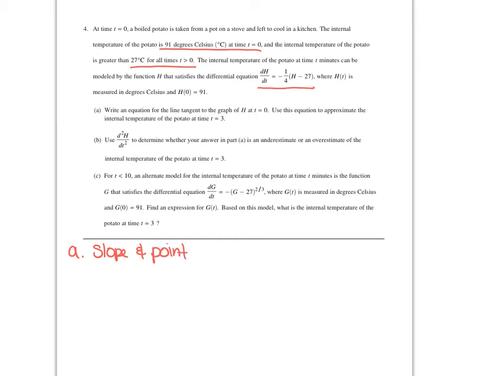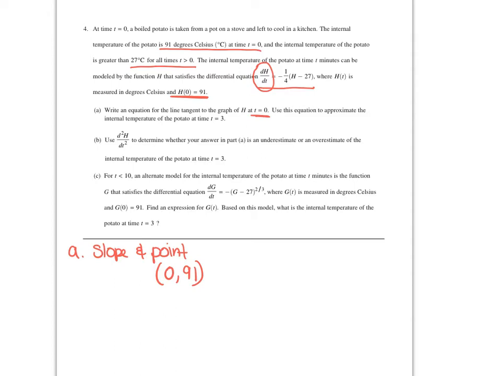Our point is at time equals 0, so that is going to be the point (0, 91), since we're given h of 0 is 91. And our slope is dh/dt when time equals 0, and our temperature is 91.